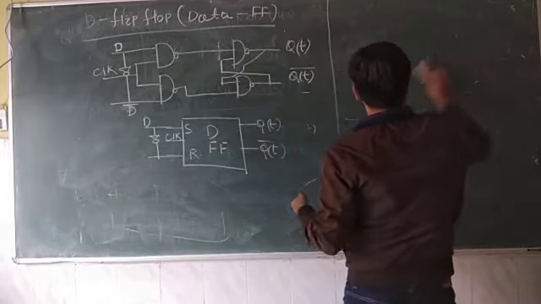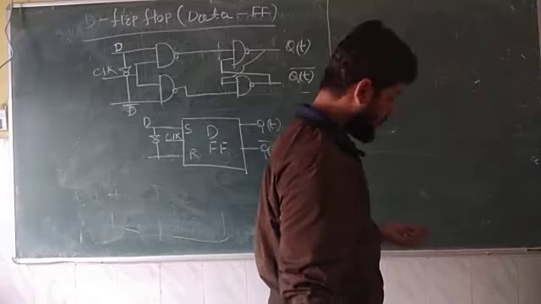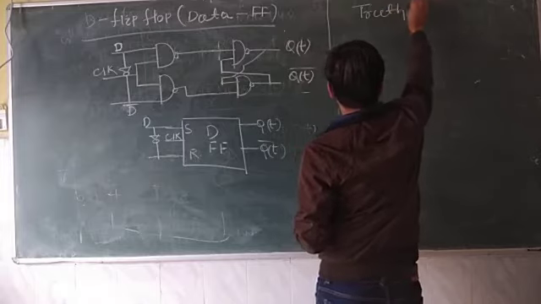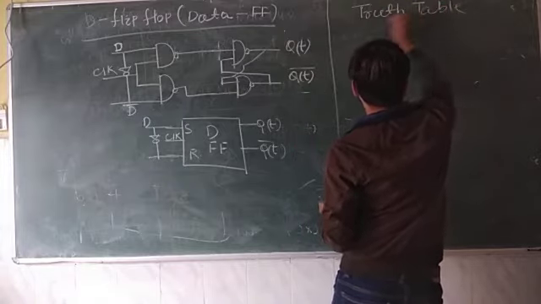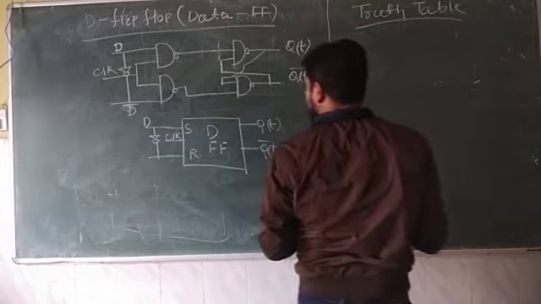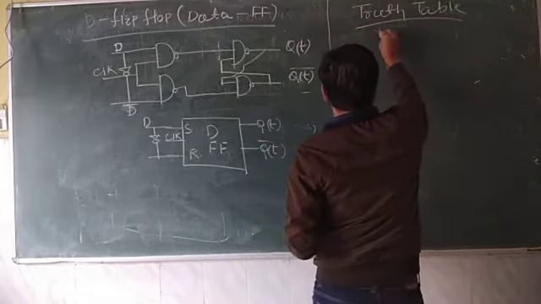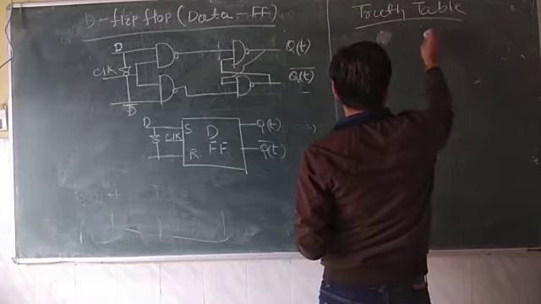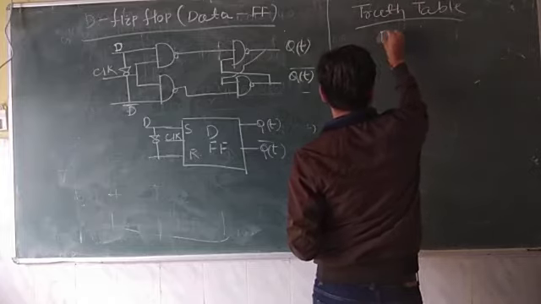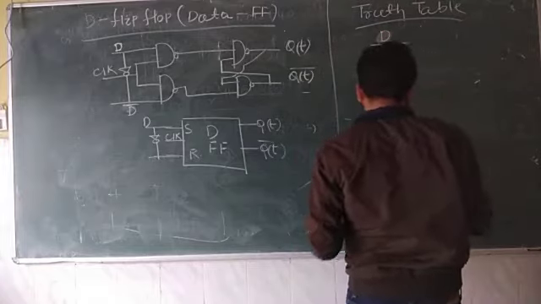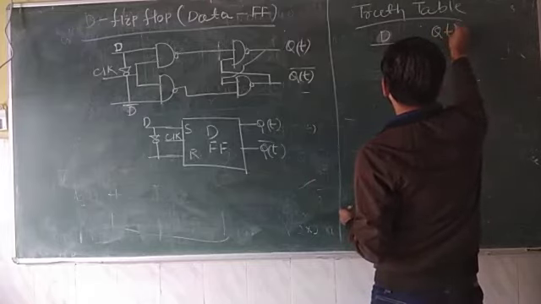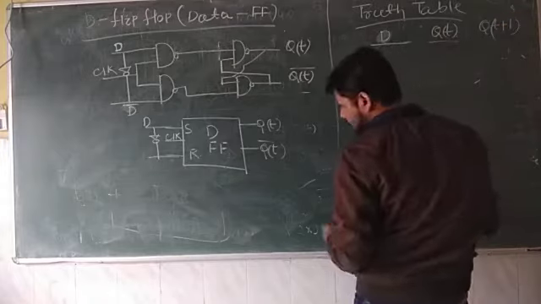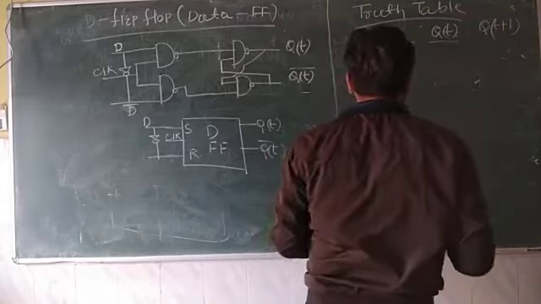In the truth table we will have D, QT and QT plus 1.